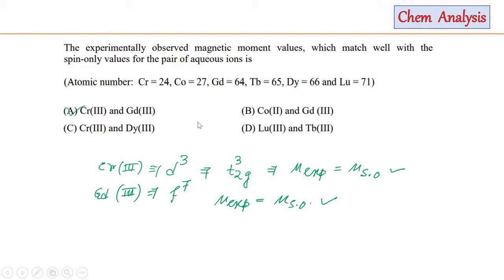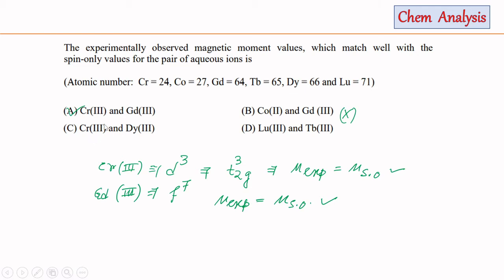You can also check the remaining options. For option B, here cobalt is in the +2 oxidation state, that means d7, and the electronic configuration will be t2g5 eg2. That means since t2g is unsymmetrically filled, there will be orbital contribution and mu experimental will not be equal to mu spin only. But in the gadolinium case, mu spin only is equal to mu experimental, but we have to find the pair in which for both the elements mu experimental will be mu spin only. So option B will not be correct.